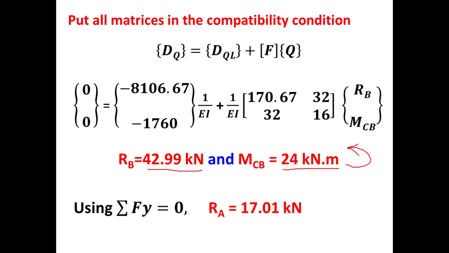Remember, the reaction at C is 0, because at C the unknown is not a reaction, the unknown is a moment. So there are only two vertical reactions in the beam, RA and RB. So the sum of RA plus RB is equal to the total load, right? So from summation of Fy you will get RA. Once you get RA, then you can find the moments by taking the two spans separately.